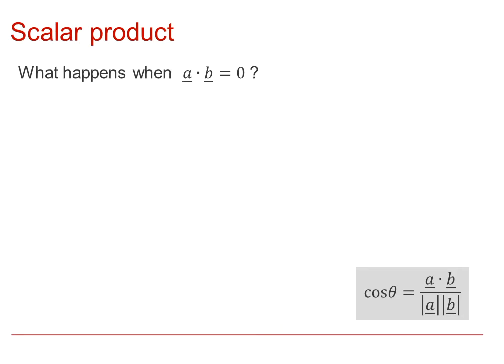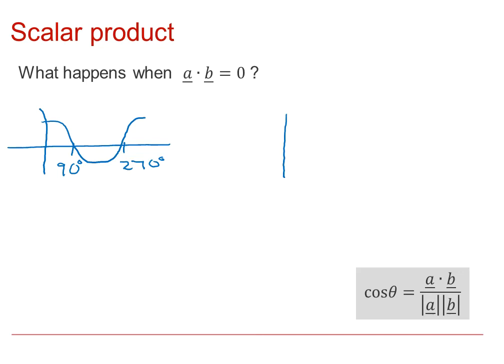So in what circumstances would the scalar product give you 0? Having rearranged that formula, that would indicate that cos theta equals 0, which happens when theta equals 90 degrees or 270 degrees. If you think about the cos curve, you can see that those are the two situations in which that happens.